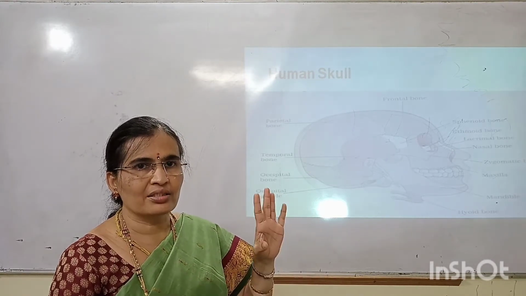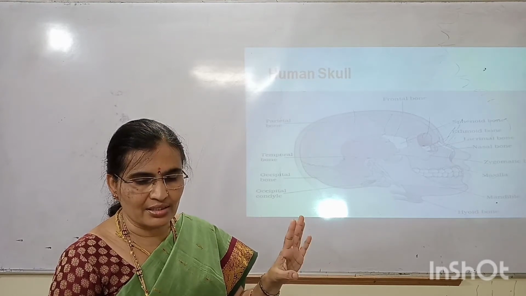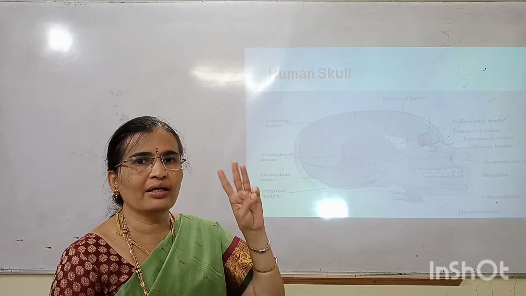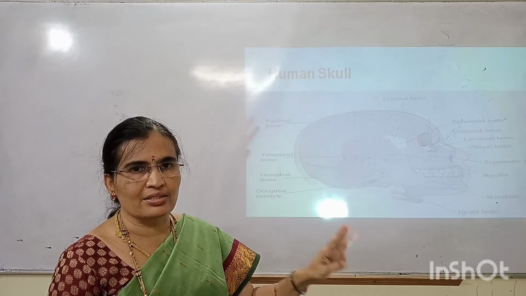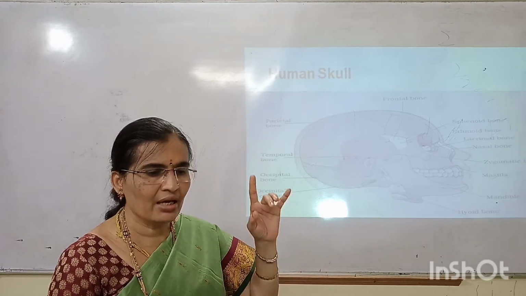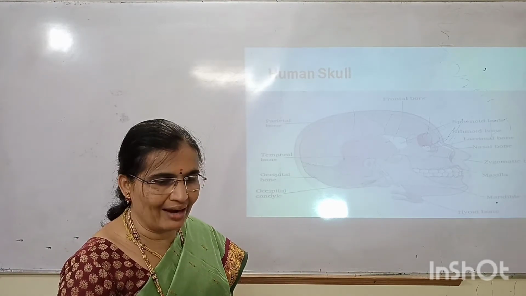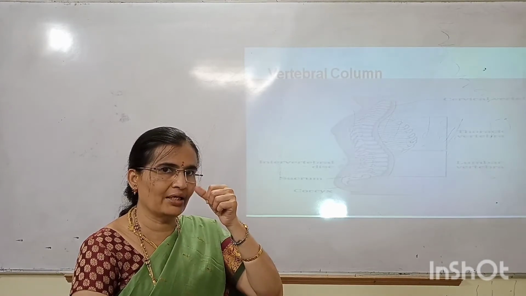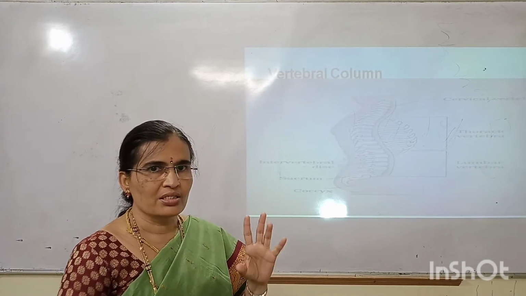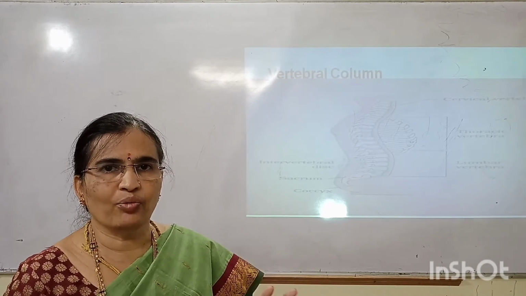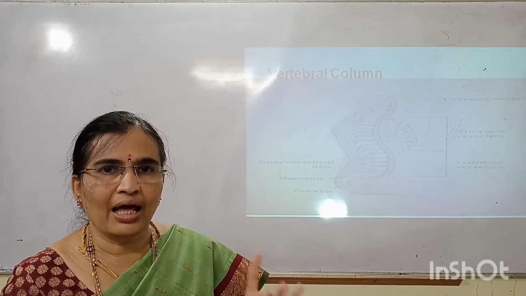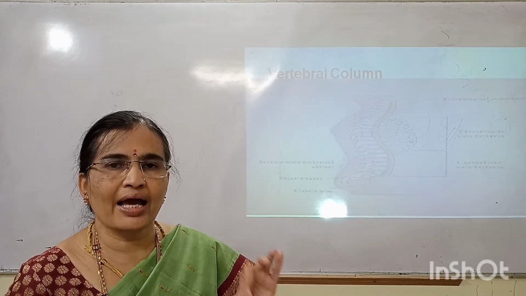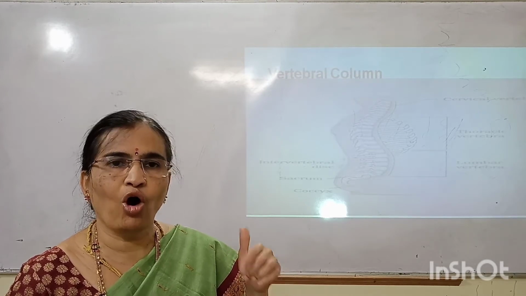Apart from that, 7 bones are there: the hyoid bone, then 6 ear ossicles. Totally 29 bones. And after that, the vertebral column, how many bones are there? Totally 26 bones: C7, T12, then L5 and S1, CO1.